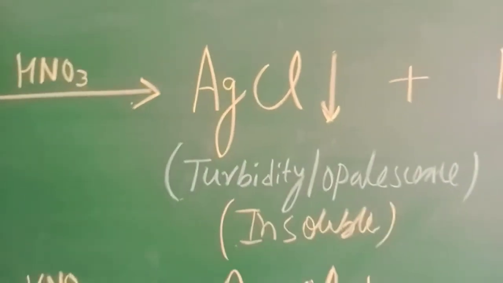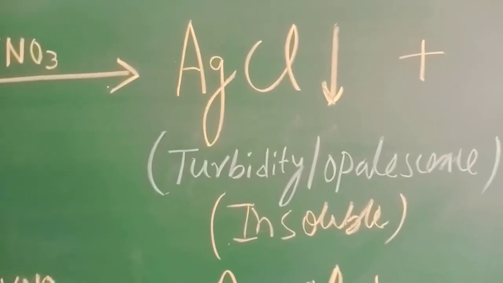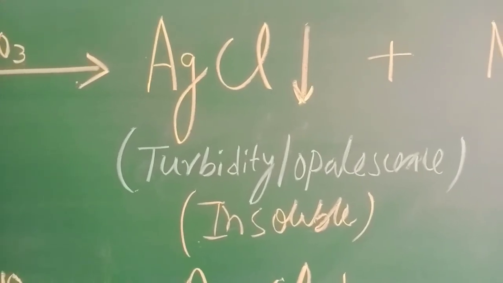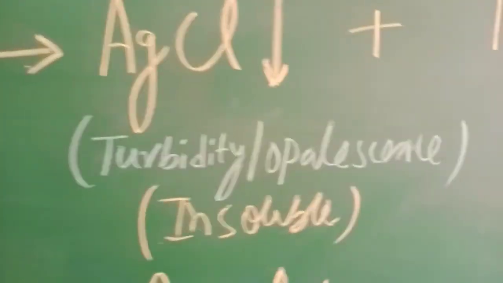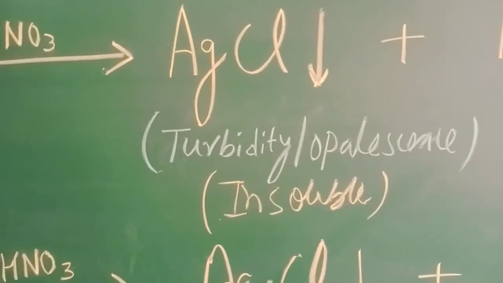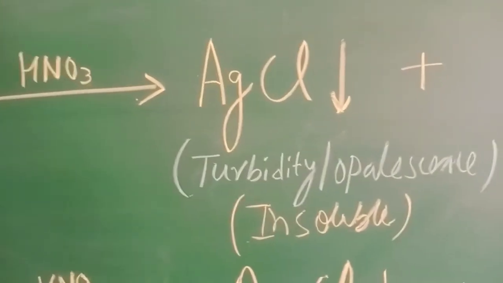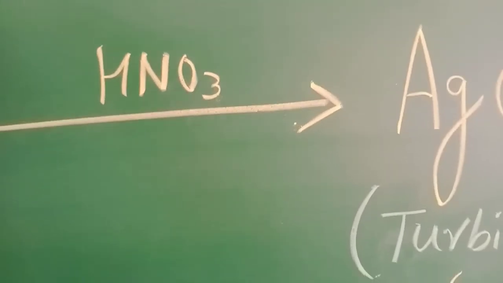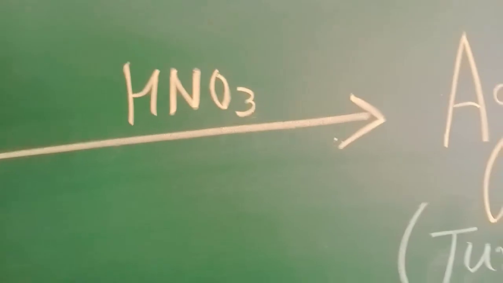And this precipitated silver chloride is responsible for formation of turbidity or opalescence. This turbidity or opalescence is caused due to the low solubility of silver chloride in acidic solution, which is acidified in presence of HNO3.